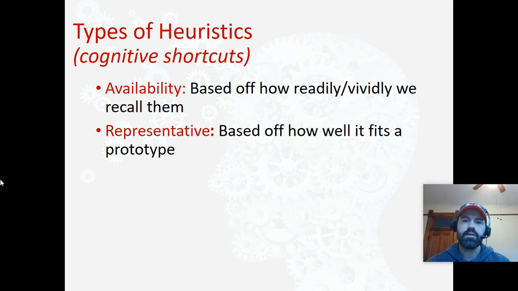The idea of availability heuristics, this is a shortcut when we make decisions, we problem solve based off how easily something is available to us, how easily we can remember or recall information.